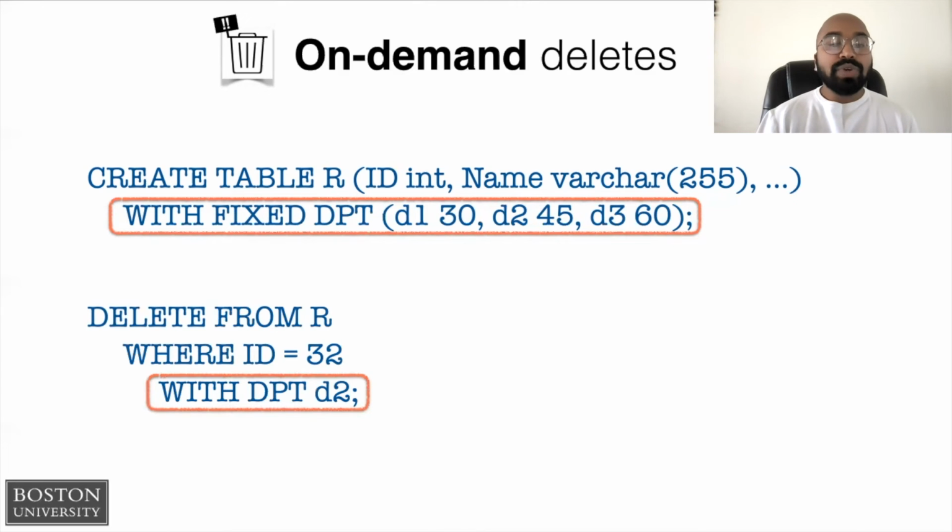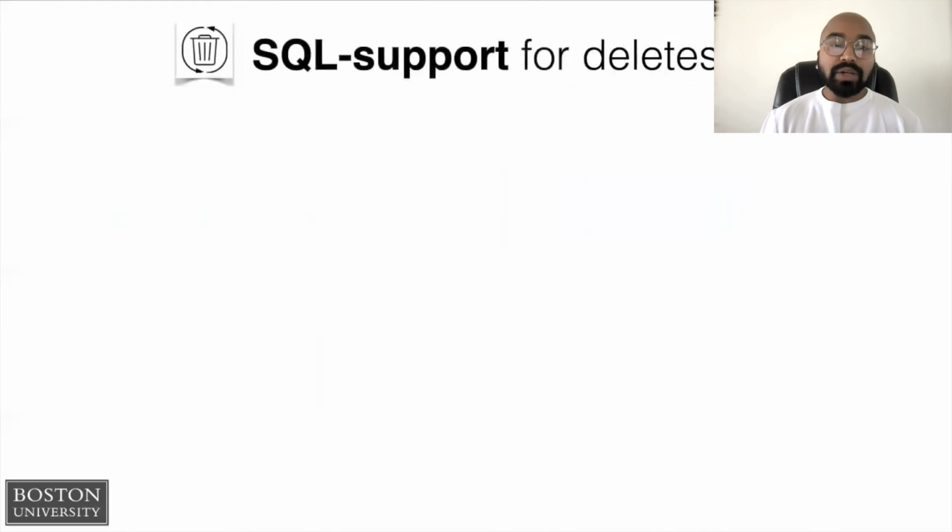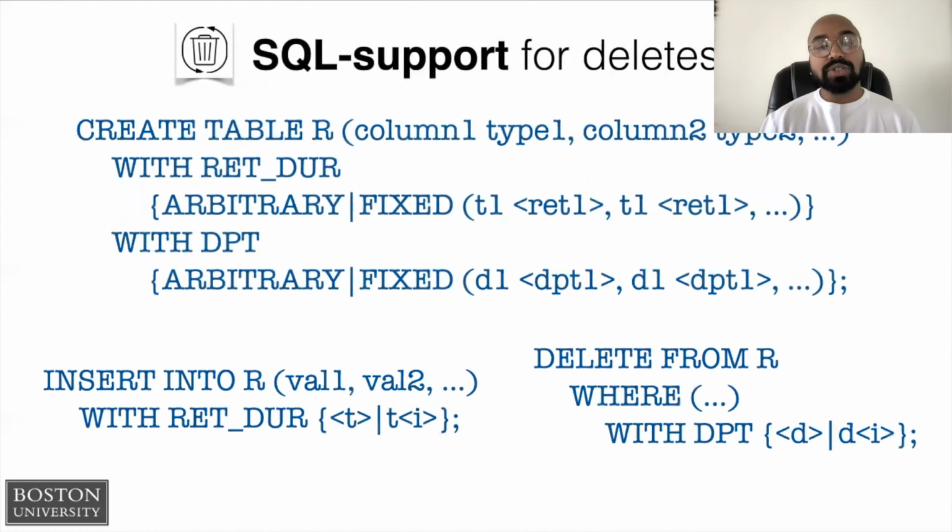In this example, we see that table R can support 3 different DPTs of 30, 45, and 60 days. Then we augment the delete DML, where every deletion request is assigned a DPT. This assignment is done automatically at the system level based on the regulatory requirements. So together, the proposed SQL extensions allow us to express the deletion requirements to the underlying system.